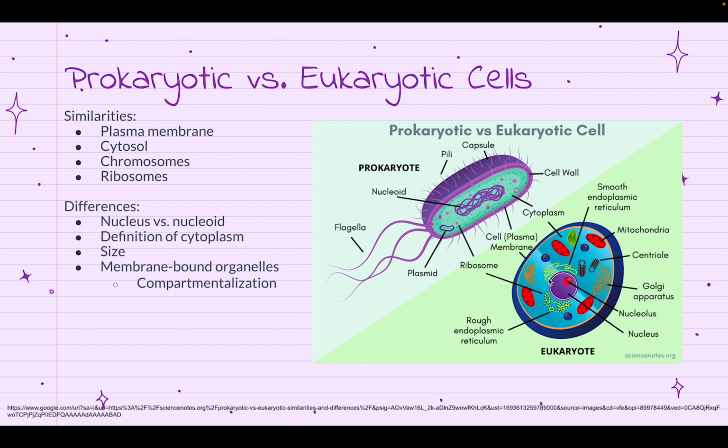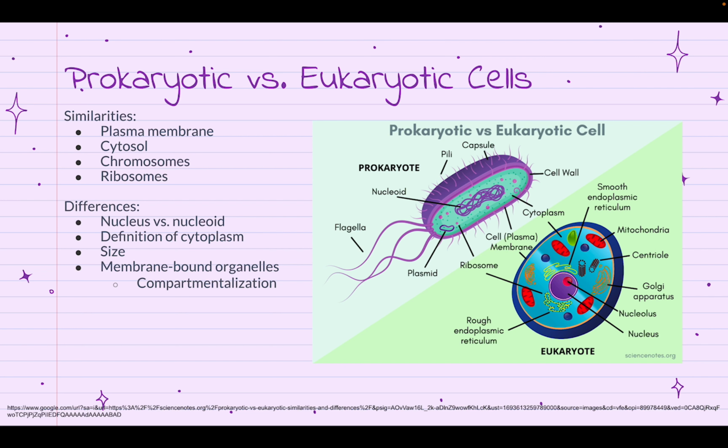Inside the nucleus, it's often called karyoplasm. Although it's basically the same type of stuff, they do make a distinction between cytoplasm out here and karyoplasm inside the nucleus. And then also size: prokaryotic cells are usually about 10 times smaller than eukaryotic cells.